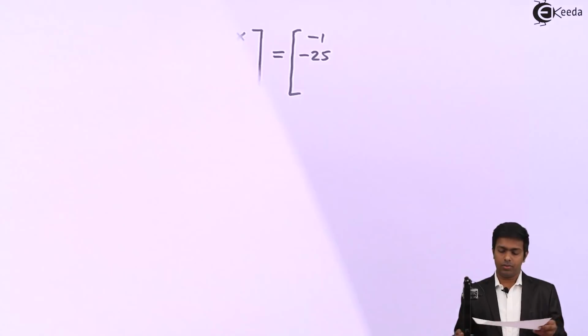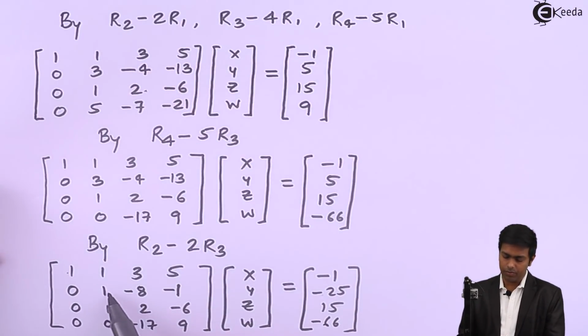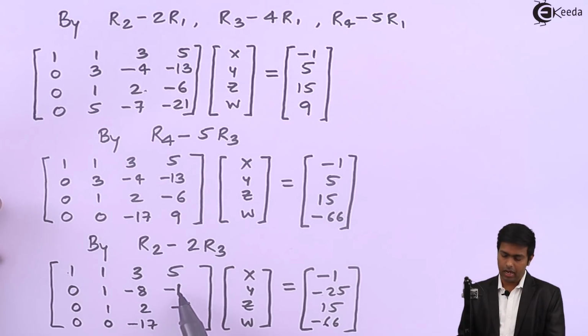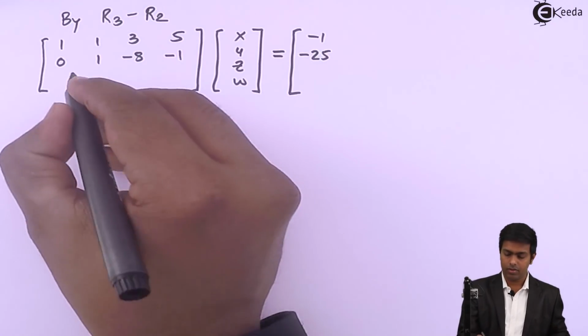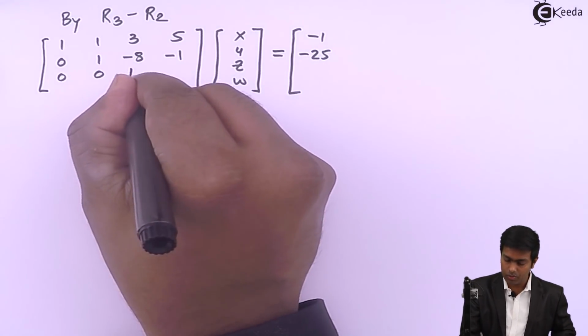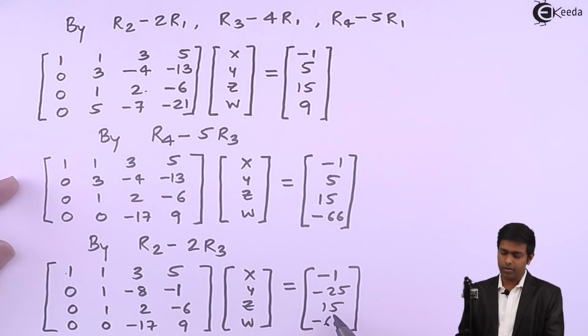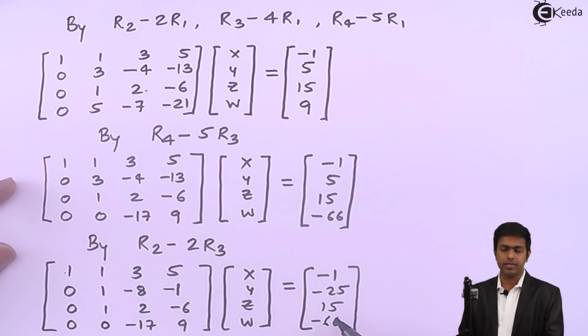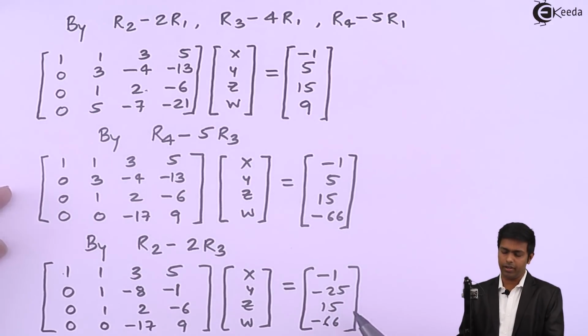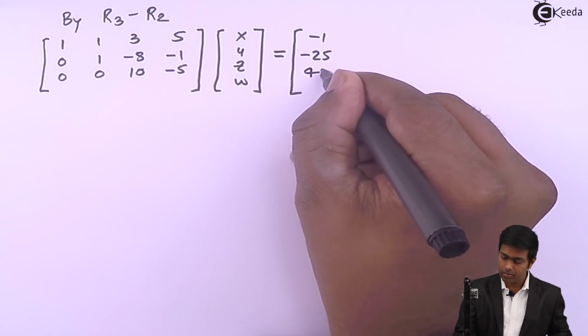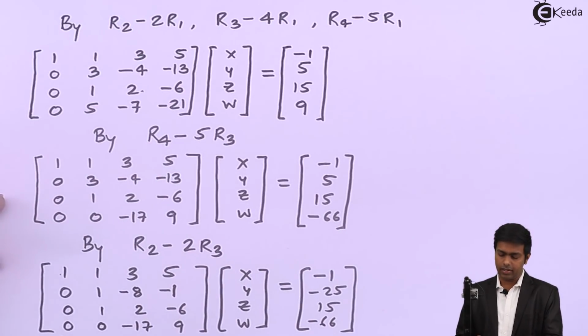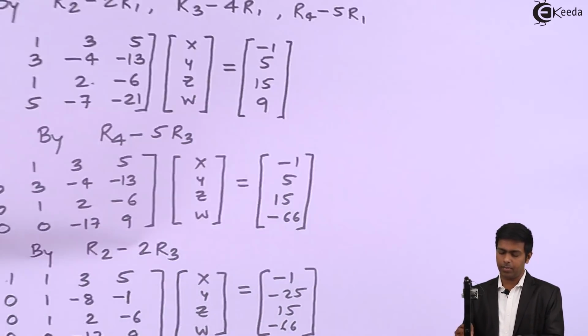Now R3 minus R2. So here we will get 0, 0, 10 and minus 5. So 0, 0, 10, minus 5. Here we will get 25 and minus this minus 25. So 40 here we will get. Last row as it is, that is 0, 0, minus 17, 9 and minus 66.